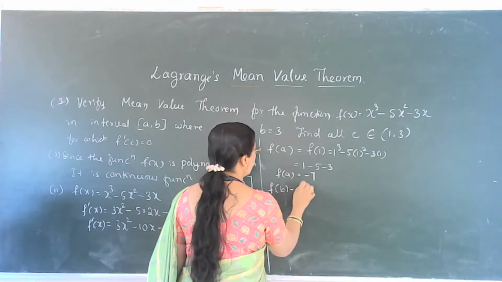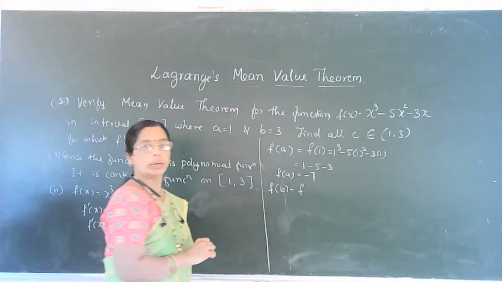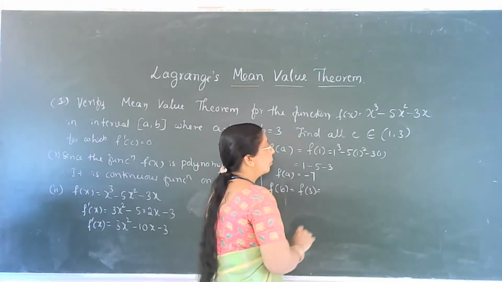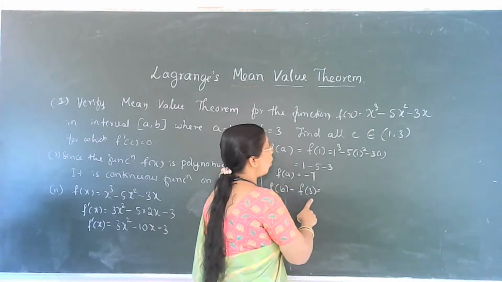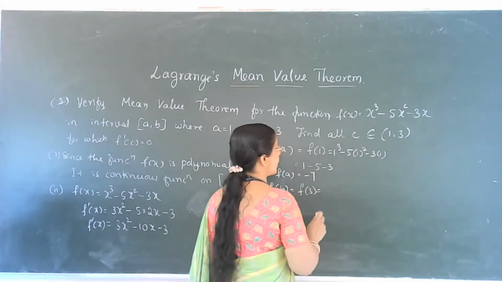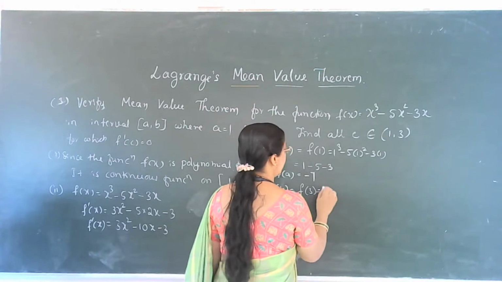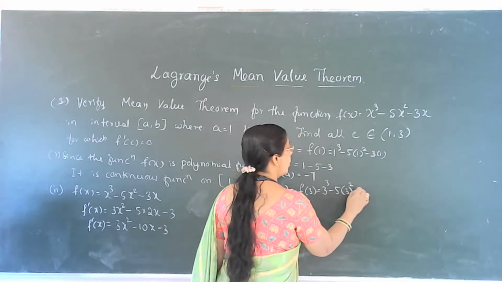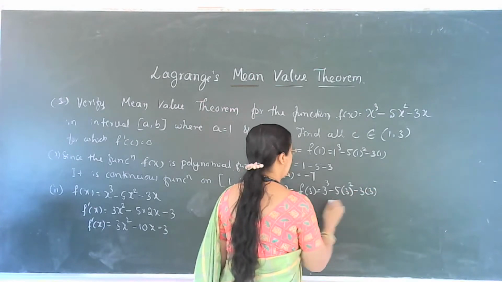f of b is equal to f of 3. We substitute the value 3 in f of x. Replace x by 3: 3 cube minus 5 into 3 square minus 3 into 3.